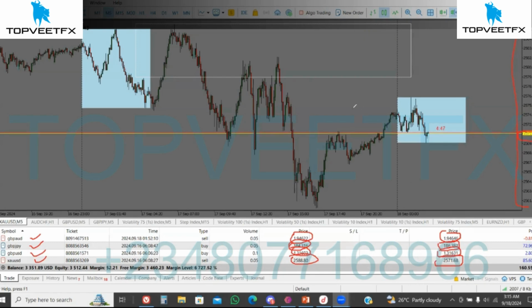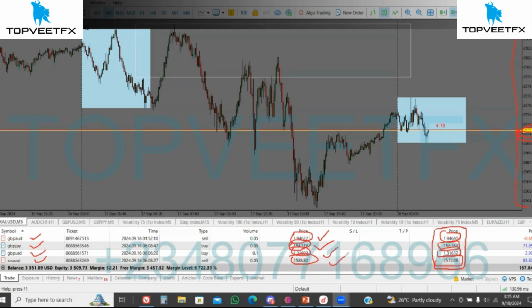What it means is that the price at my right hand is showing us the price of the current market, which is the price at which we sell or buy this currency pair.